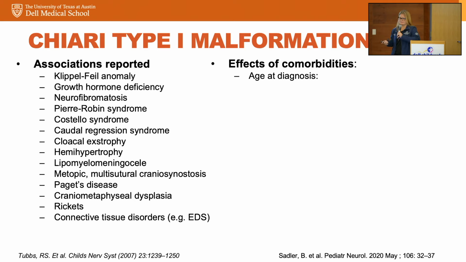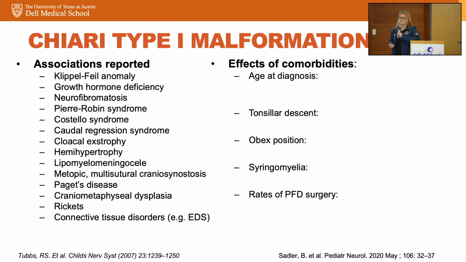As a matter of fact, the different aspects of their management and their presentation that have been looked into, age of diagnosis is one of them. So for patients who had multiple congenital anomalies or skeletal anomalies, actually the age of diagnosis has been lower, and it's thought to be because it's more severe.